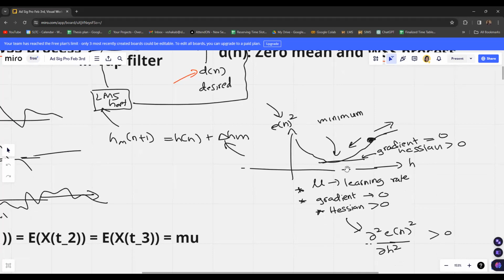In order to find the minimum point, we need to consider some aspects of this graph. We need to find the gradient of this graph and the place where the gradient becomes almost zero. And also we need to reach that gradient position.